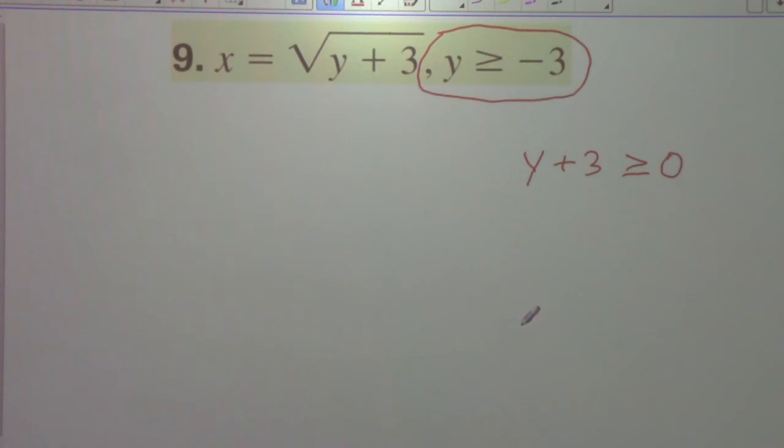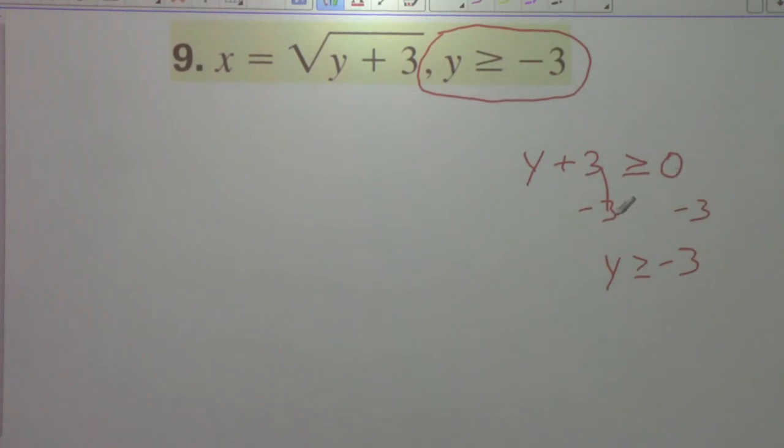Right? And then when we solve for y, what do we get? y is greater than or equal to negative 3. And so that's all this is saying. All this does is work it out for us and say, yeah, this equation is good, but let's be sure to remember that y has to be greater than or equal to negative 3.